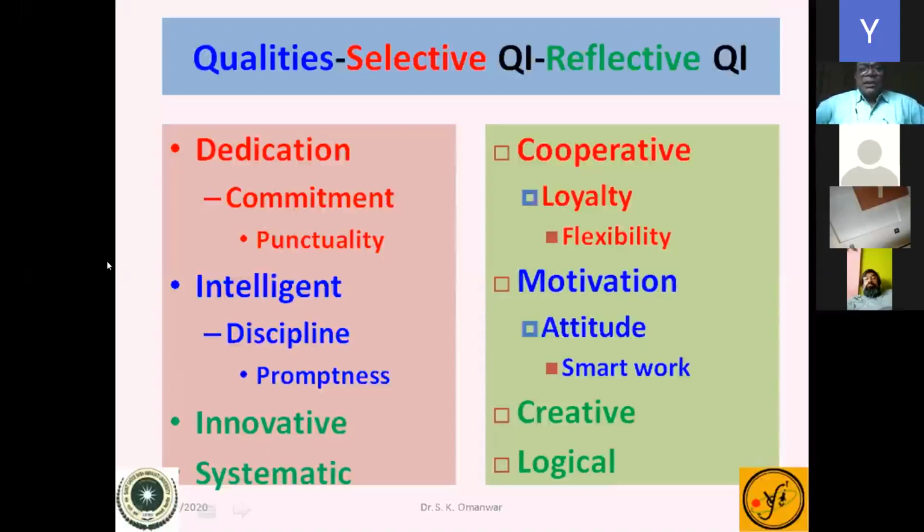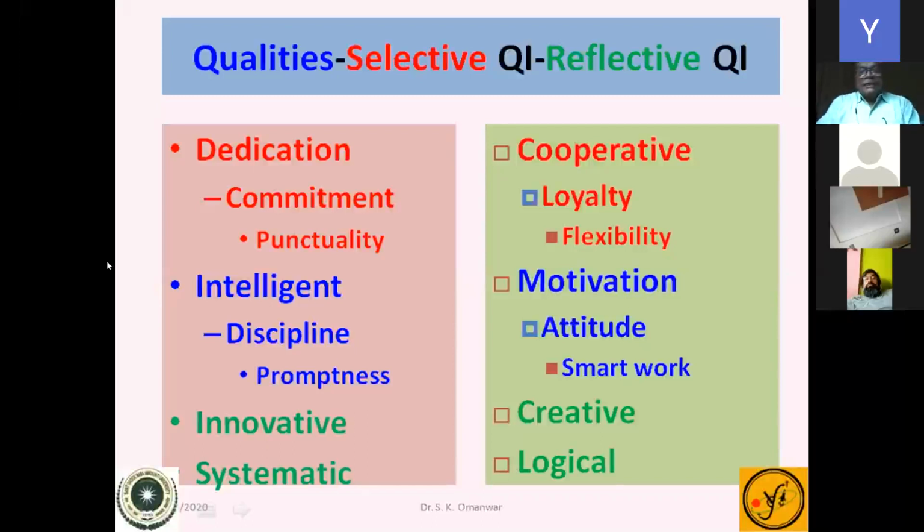Commitment along with loyalty gives more rewards. One can be punctual, but looking only at the time is not useful. Flexibility is very much necessary. Punctuality with flexibility can promote people to work.